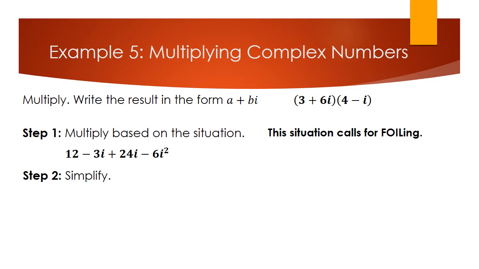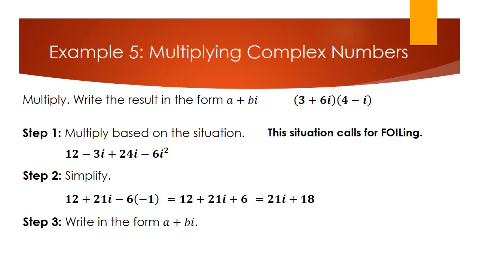From there, we're going to simplify. We're going to combine all like terms and replace our i squared with negative 1. Negative 3i plus 24i is 21i. Since i squared is negative 1, negative 6 times negative 1 is positive 6. I can now combine my 12 and my 6. That gives me 18. So I have 21i plus 18. Last step, we put it in the form of a plus bi. So it's going to be the 18 first plus 21i.